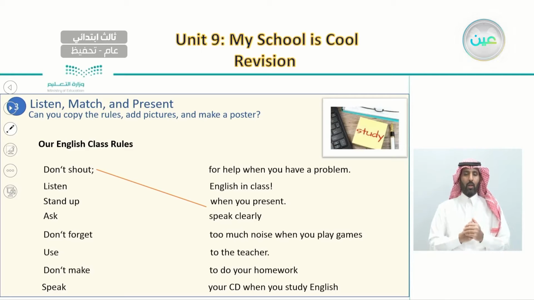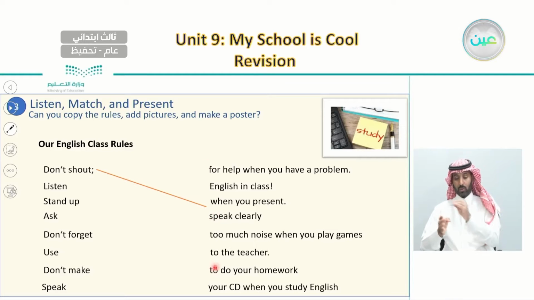So let's listen one more time to these rules, remind ourselves, and try to match them as well. Here we have verbs, and we need to match them with the other clauses so we can have one rule.